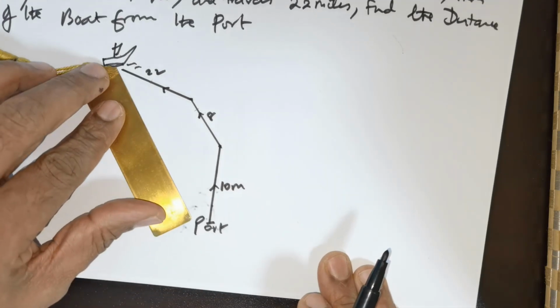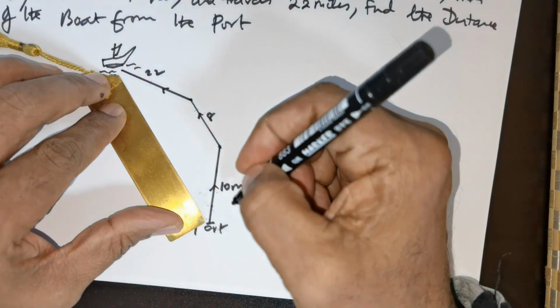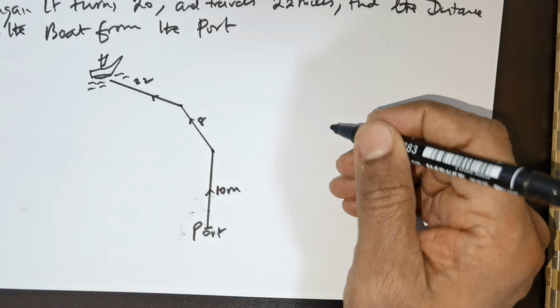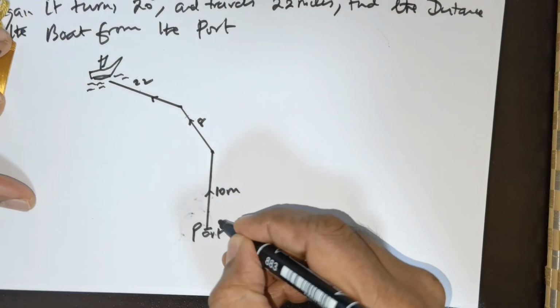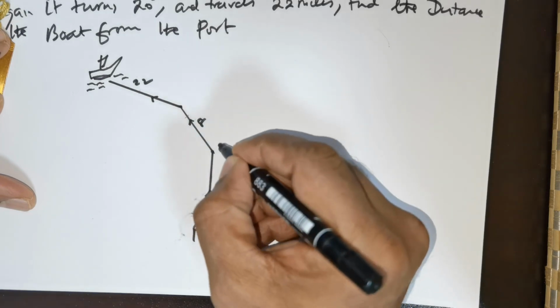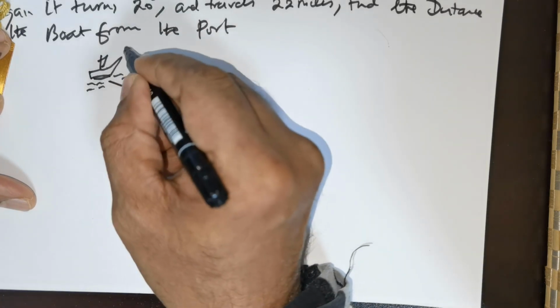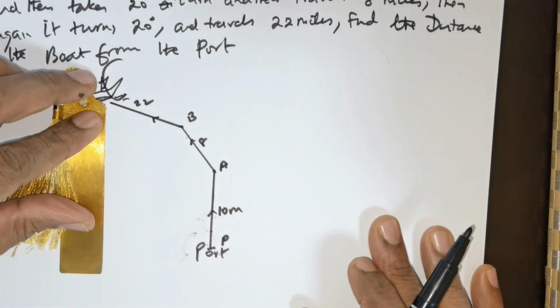Okay, so we are expected to find this entire distance, but I don't want to draw the line as of now. Now there are a few things we need to know. Let me take these points as P, A, B, and say C.